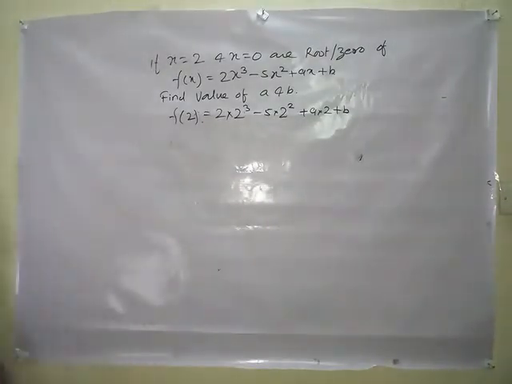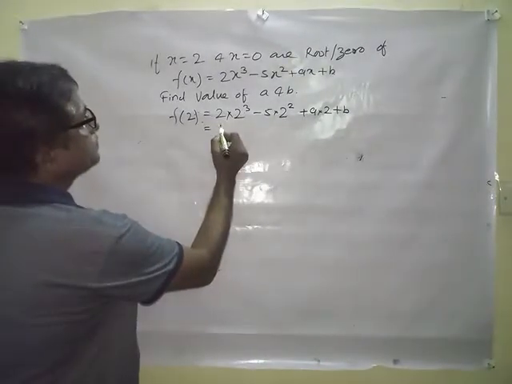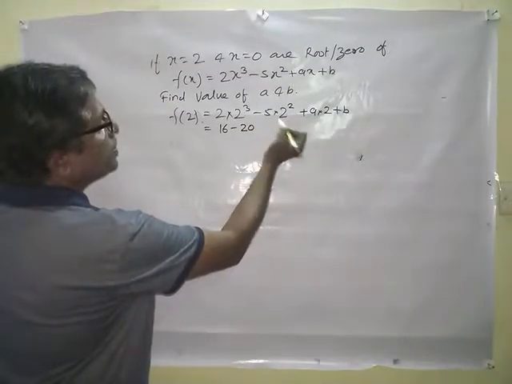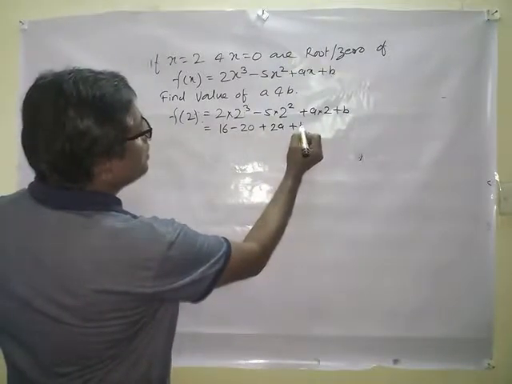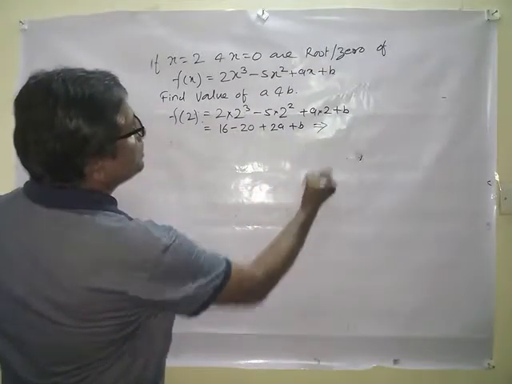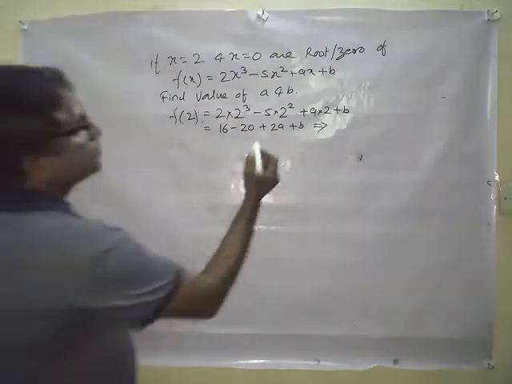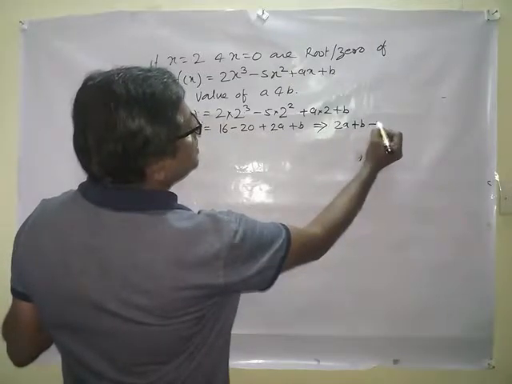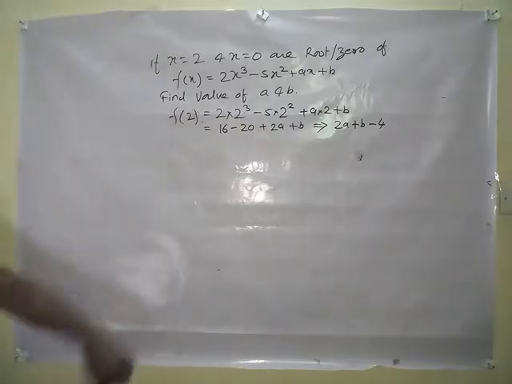If you solve this equation, you will get 16 minus 20, since 4 multiplied by 5 is 20, plus 2a plus b, which equals 2a plus b minus 4. This is the one equation you got.